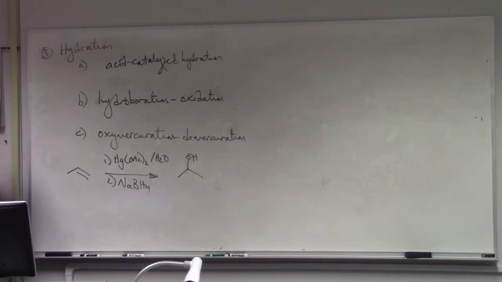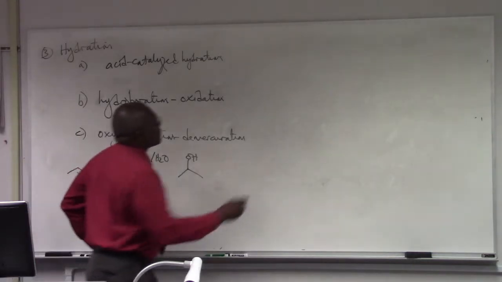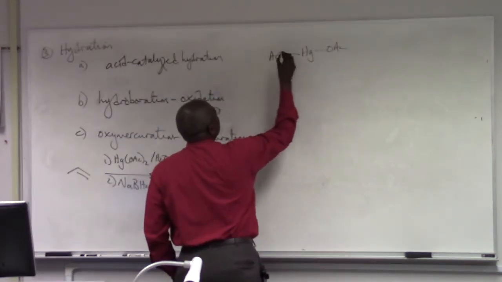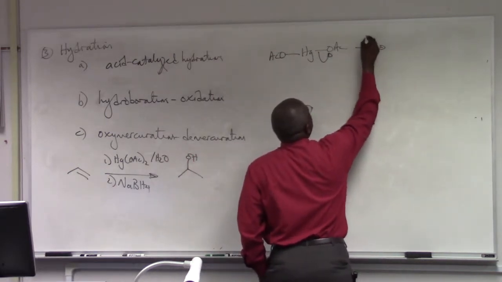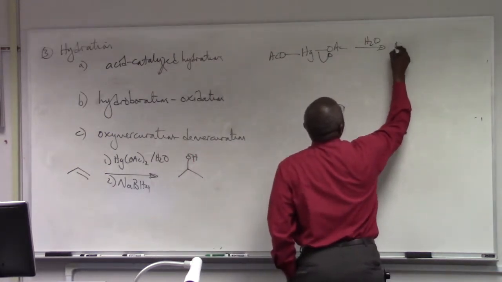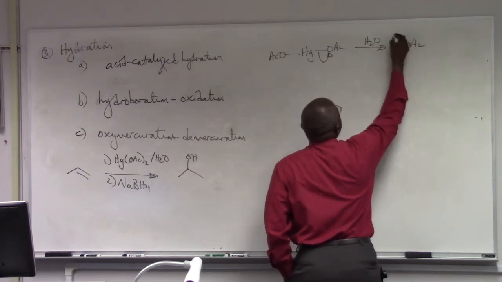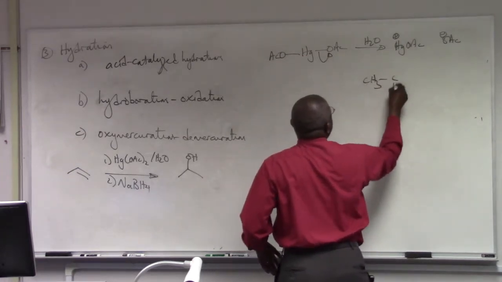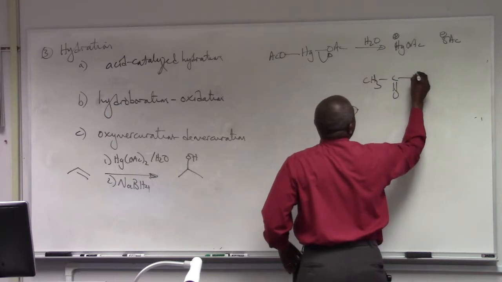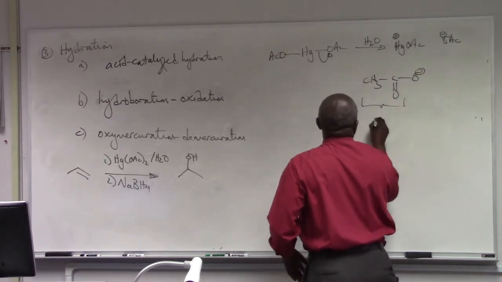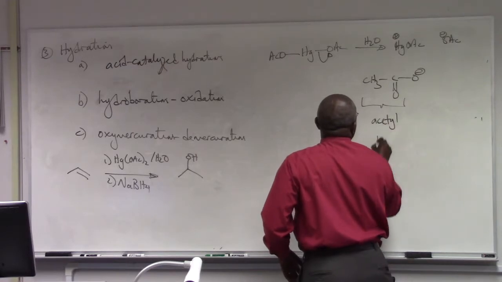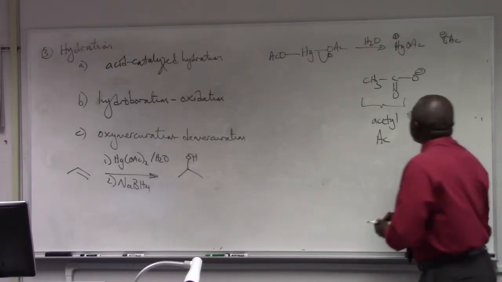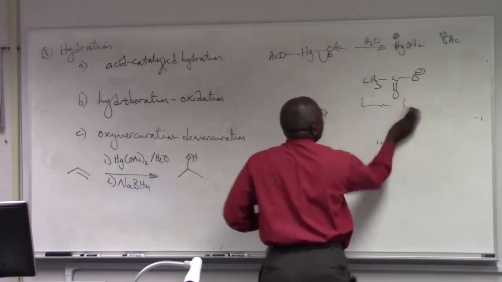How does that happen? Well, it's a little complicated in that mercuric acetate ionizes in water to give rise to HgOAc plus and OAc minus. OAc is acetate, right? OAc is just CH3-C-O-O minus. So this is the acyl group, or the acetyl group, Ac. So AcO minus is that thing, okay?